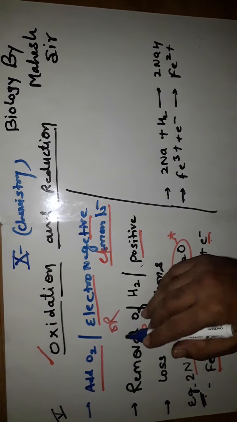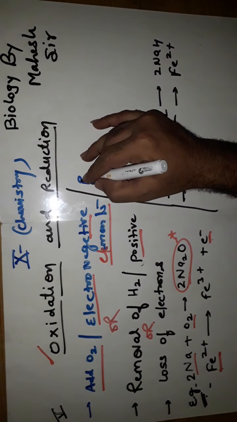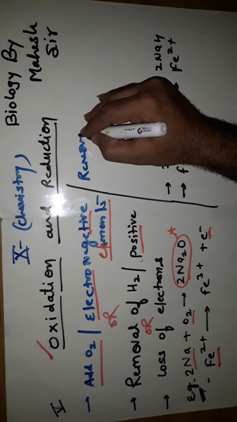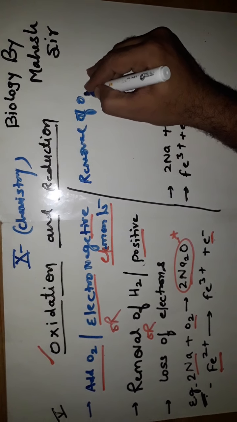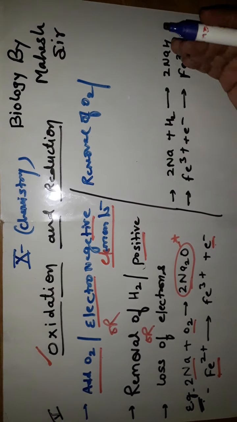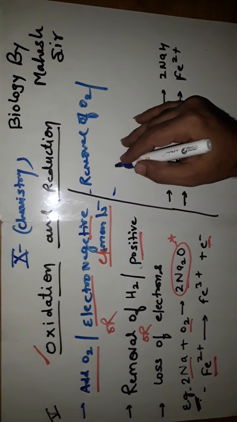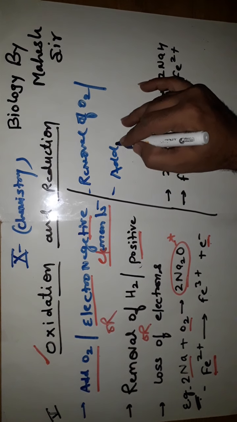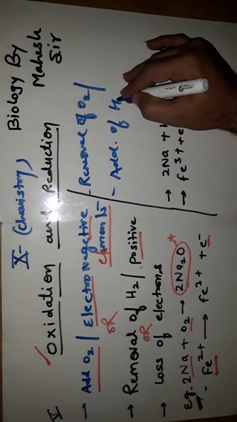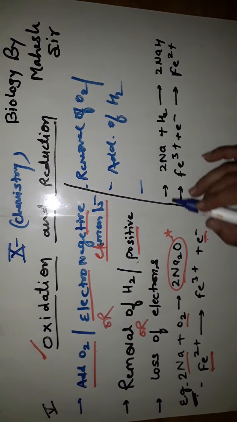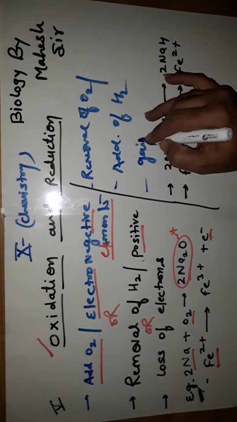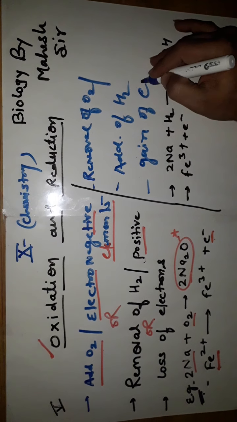It is just the opposite. First, removal of oxygen or electronegative elements. Second, instead of removal of hydrogen, we write addition of hydrogen. And third, gain of electron.